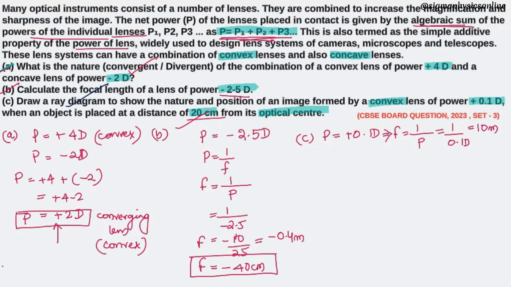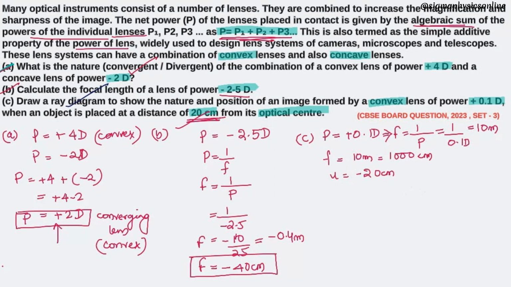So the focal length of this lens is f equal to 10 meter, which is 1000 centimeter, and our object distance is given as 20 centimeter. The object is at 20 centimeter, so u will be minus 20 centimeter.